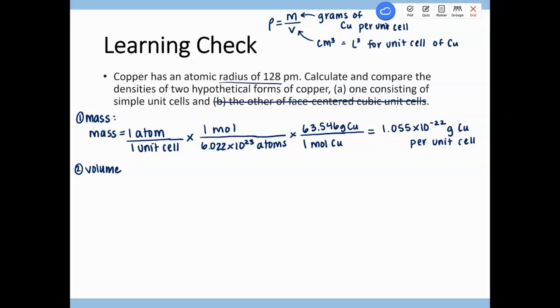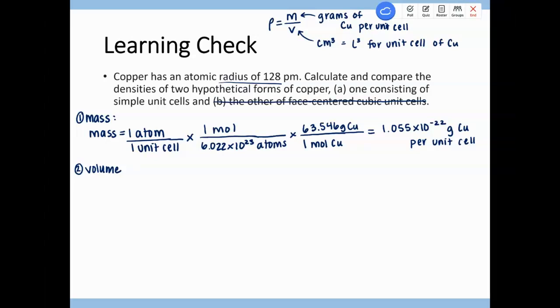We need to continue and find the volume of a unit cell, which I said we can use the edge length cubed to find. The edge length is 2r. R is radius. They tell us the radius is 128 picometers. Density units are grams per centimeter cubed.